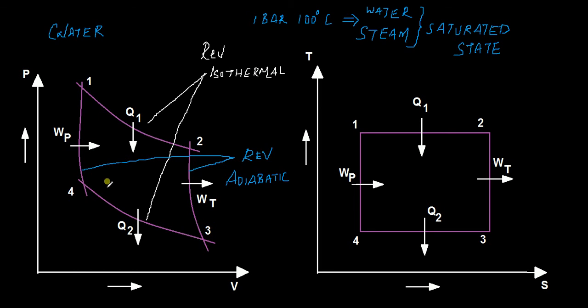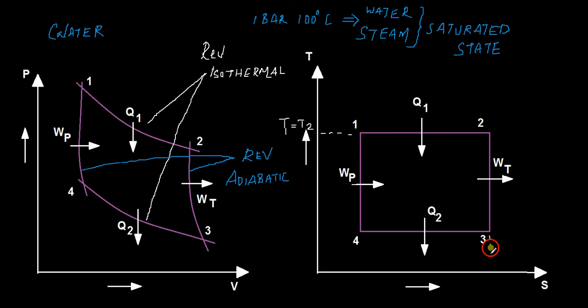This is the PV diagram of the Carnot cycle, and you also have the temperature entropy diagram here. And as I said, from 1 to 2 there is only heat addition, no temperature rise, and therefore T1 is equal to T2. And from 2 to 3 there is only work transfer and no heat transfer, so there is no entropy change.